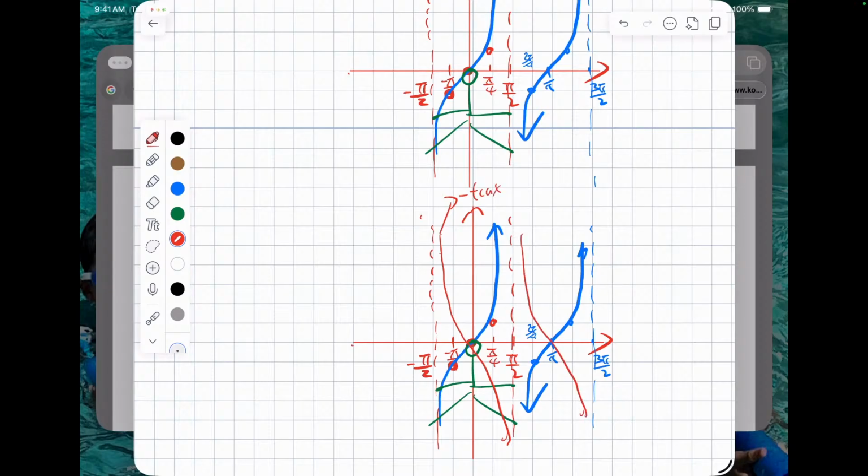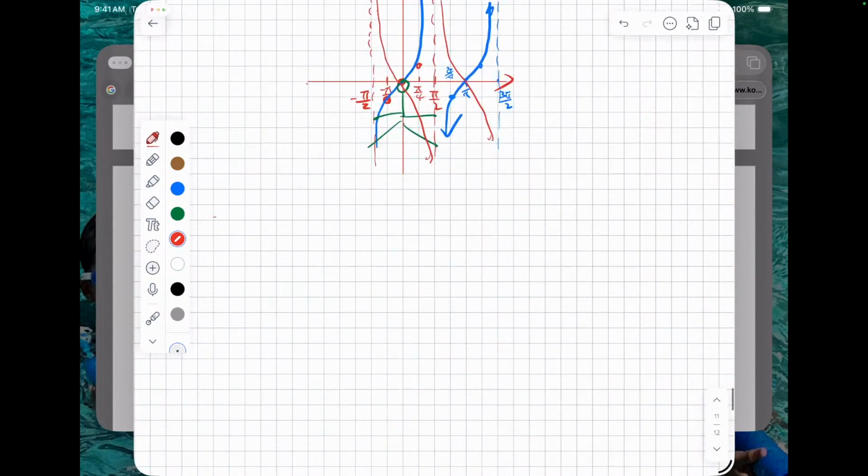No, it's not cotangent. We're going to talk about cotangent in a second. Is that okay? So it'd be negative tangent. Okay, so can I graph tangent of 3x? What do you think tangent of 3x is going to do? Do you think it spreads out wider or it's going to shrink?